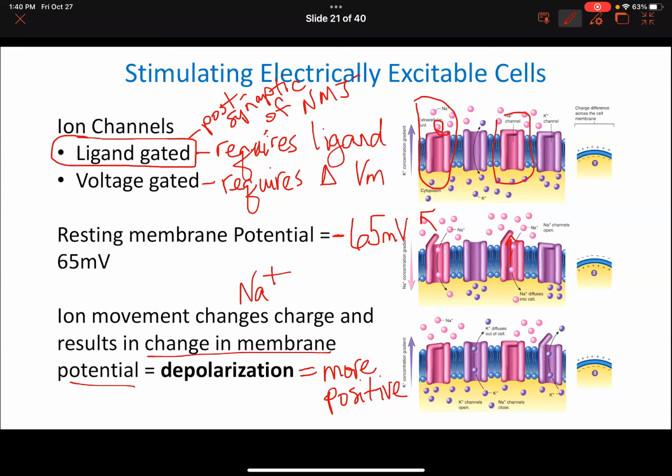It can become a positive number, so say plus 20 millivolts, or it can just be more positive than negative 65. So it could be negative 35, negative 20. But the whole point is that by allowing these positive ions to come into the cell, you are bringing positive charges, and those positive charges will change that difference across the membrane and depolarize it, making it more positive.